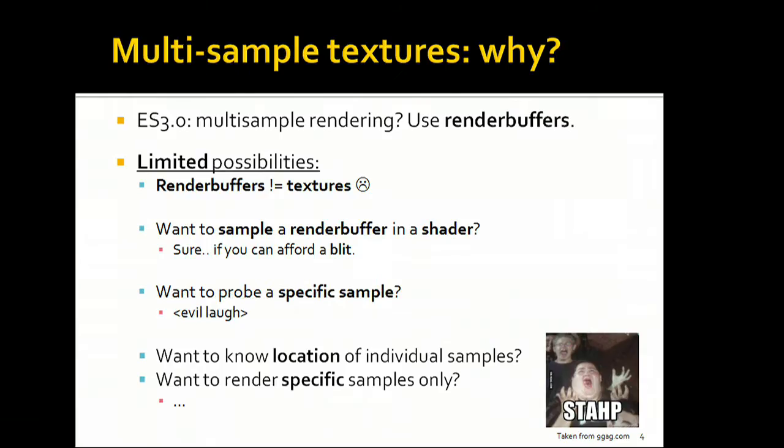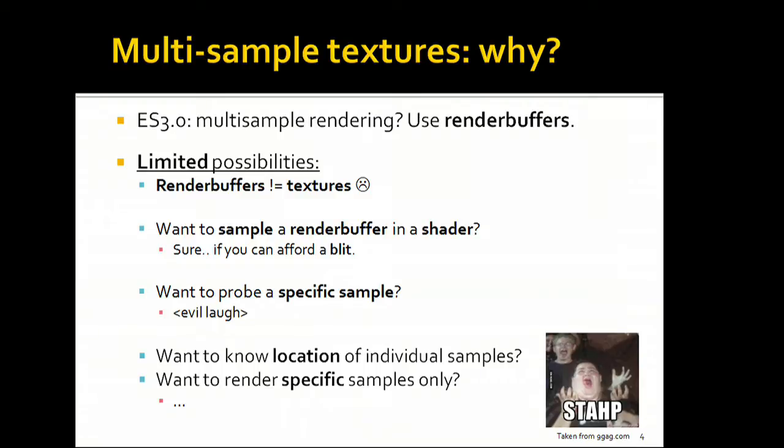OK, let's carry on. So the first feature that I'd like to talk about is multi-sample textures. Now, back in the ES 3.0 age, if you wanted to do some multi-sample rendering, the only way you could do that was by using render buffers. Now, this, of course, had a lot of limitations. So first of all, the major problem about this is that render buffers are not really textures.